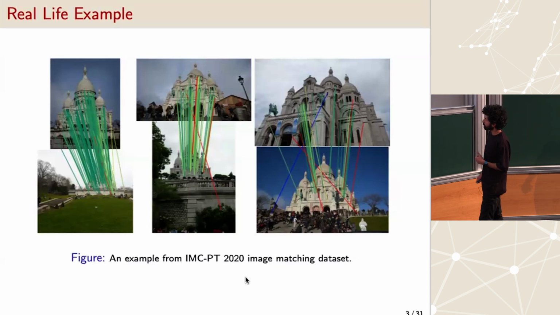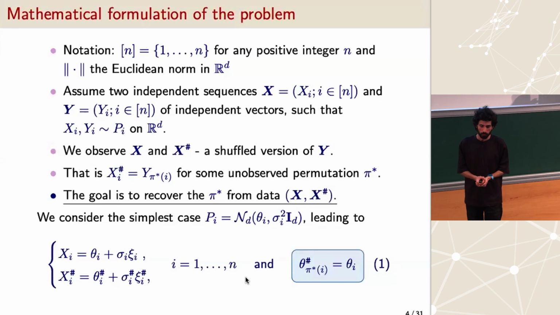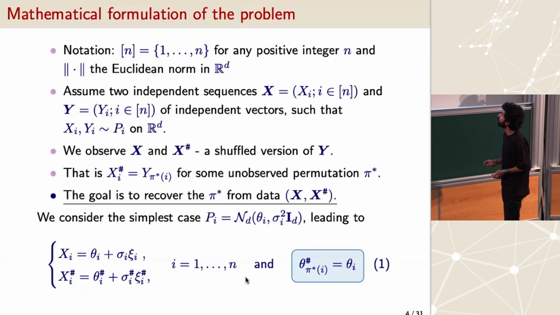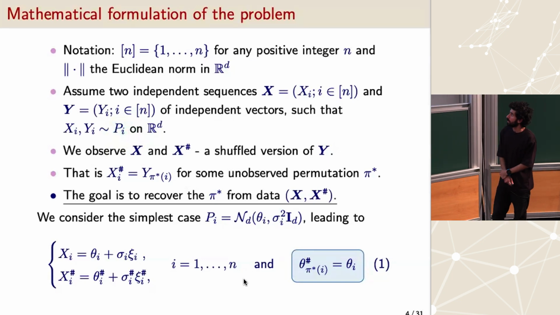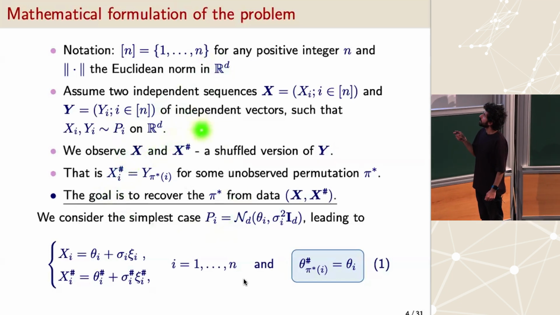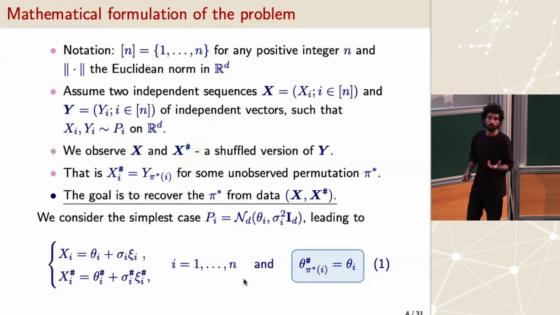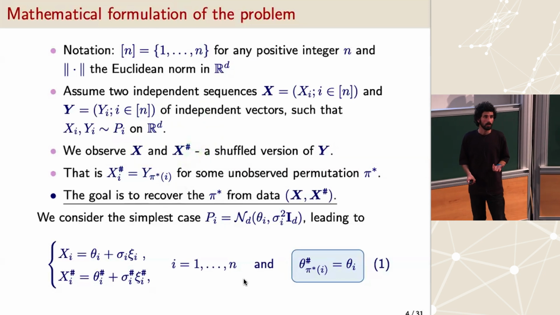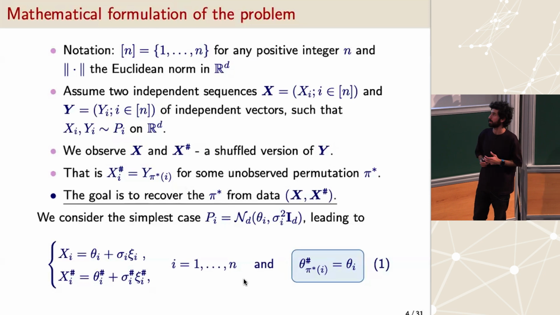Going forward with the statistical model, we assume to have two sets of random variables, X and Y, coming from some unknown distribution pi. We observe X and we assume that X' is the shuffled version of Y. So we have the same distribution for X and X', up to the permutation of elements.